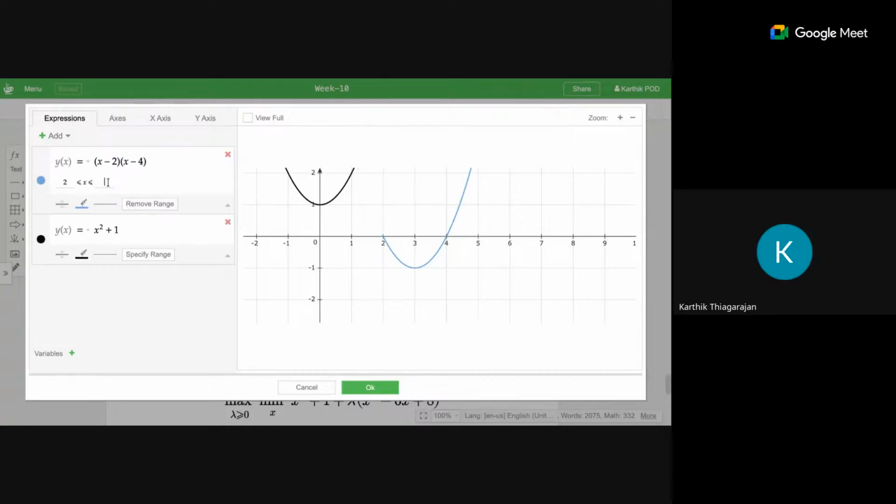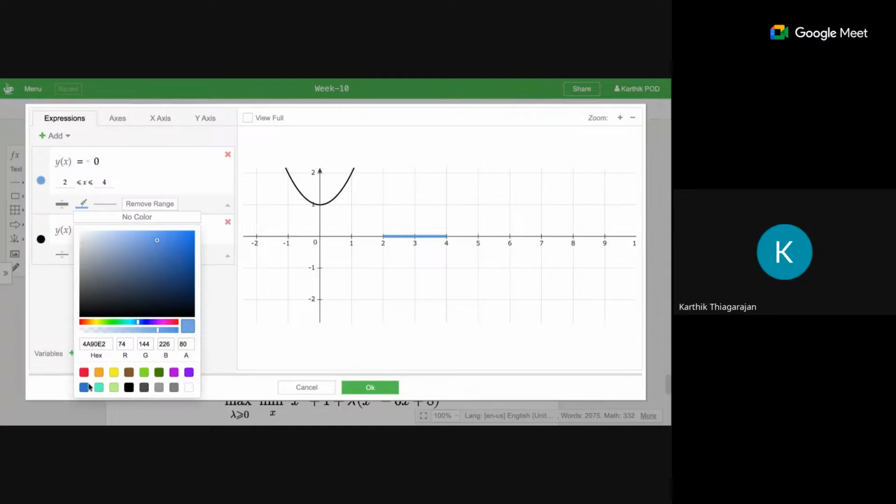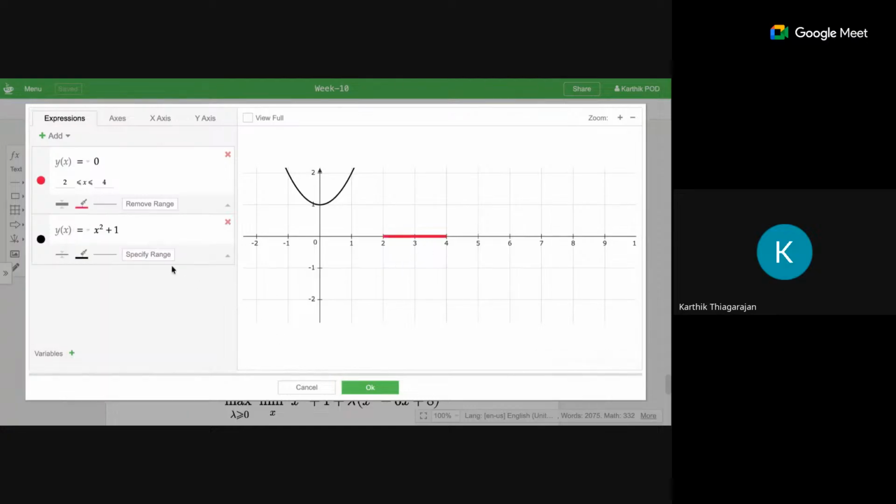We are only interested in less than or equal to 0, so this is the region. In fact, you should not plot a curve; it's better to plot the constraint region. Let's make it very thick so that it's visible, in red color. This is the constraint, and this is active only in 2 to 4.